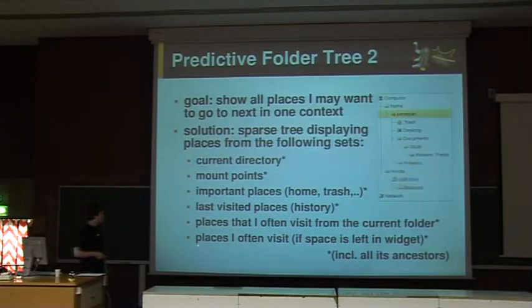And then if there's space left, because if you just start the program there's no history, so then there may be space left in the widget, then there are places I often visit. Here you can see a little animation where you can see how the widget adapts to the current directory.